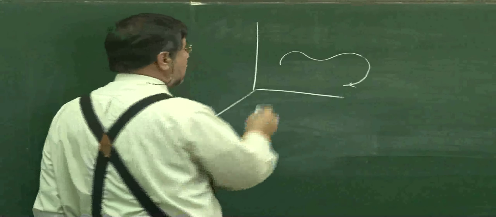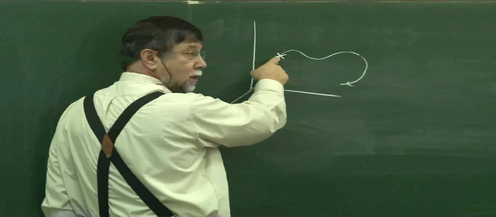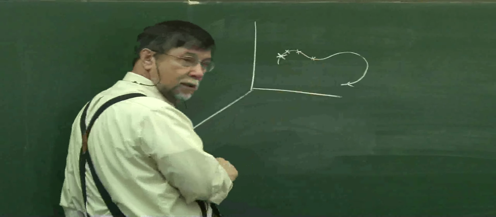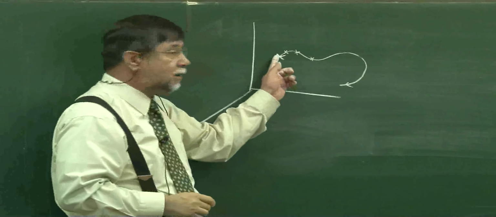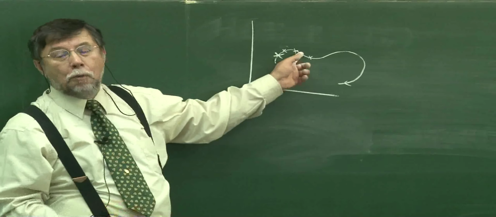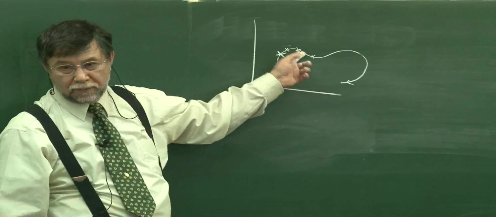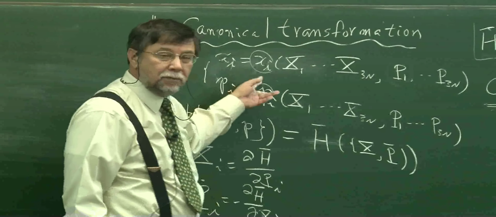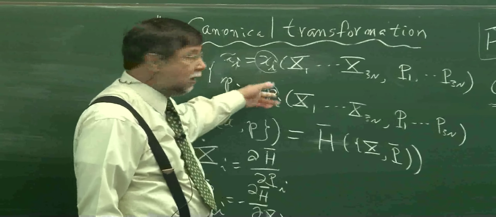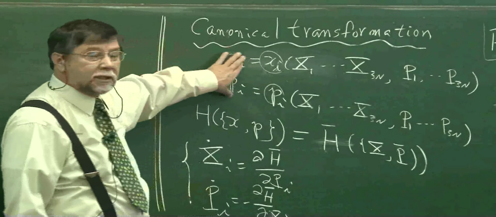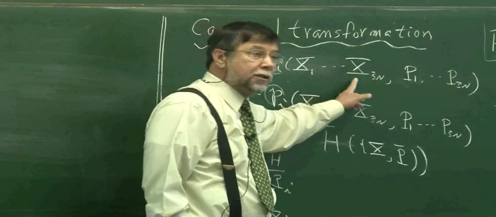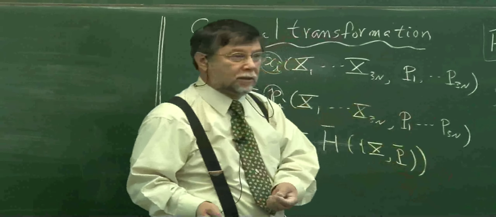And to solve the problem means you find one point, go to the next point, next point, next point. This kind of point going to the next point is called point transformation. Point goes to point. And this is also point transformation. Canonical transformation is a point transformation. Because first you have this set of points. Now map to another set of points.